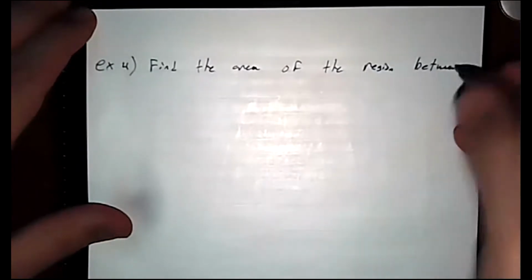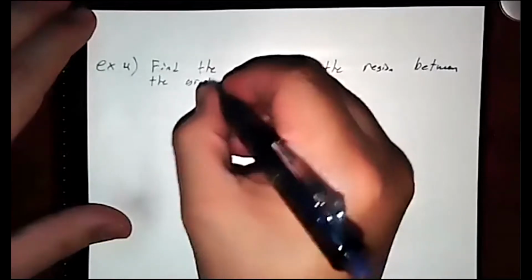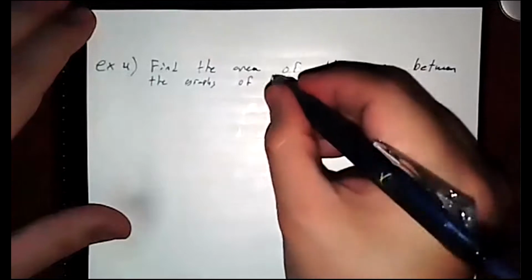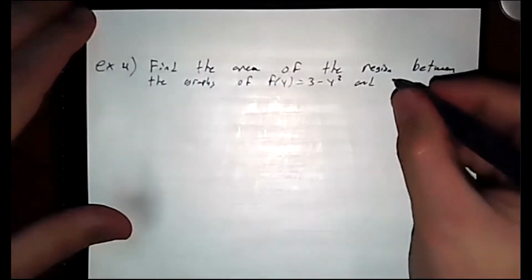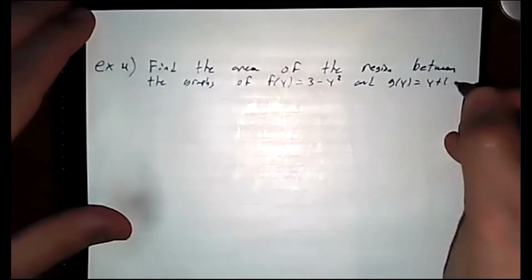Find the area of the region between the graphs of f of y equal to 3 minus y squared and g of y equal to y plus 1.